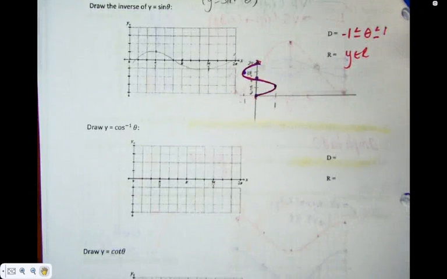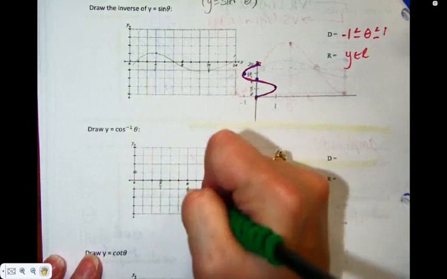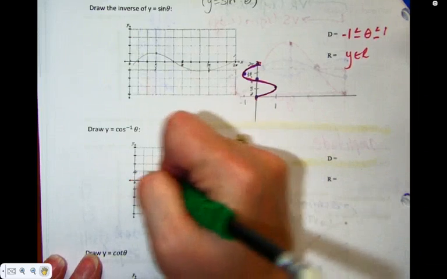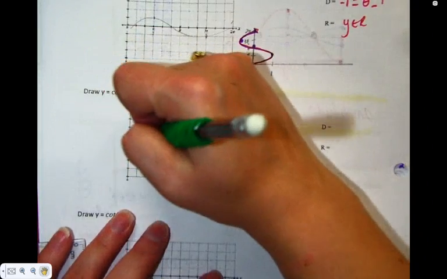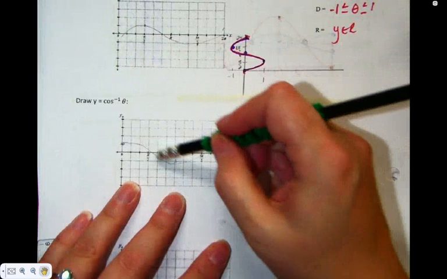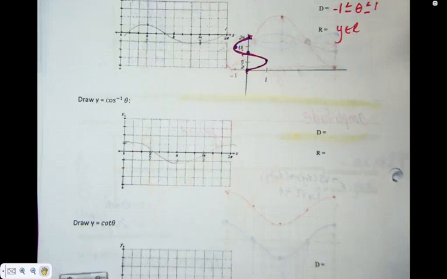Let's look at inverse cos. Okay, same procedure. Let's start with the base graph of cos. Draw the base graph of cos. Already got it memorized. Now again, you can do it on the same set of axes.